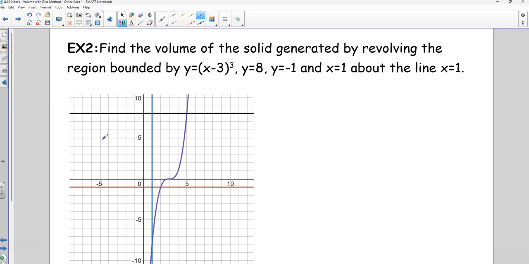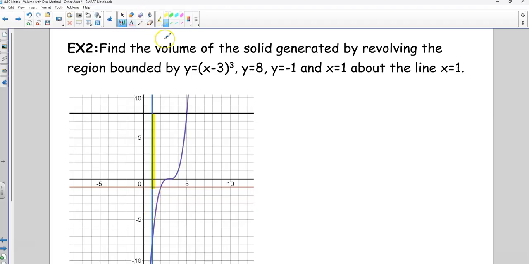Okay. This time, we need to find the volume of the solid generated by revolving the region bounded by y equals x minus 3 to the third, y equals 8, y equals -1, x equals 1, about the line x equals 1. Okay, so the region that we're looking at here is going to be, well, I went down too far, didn't I?